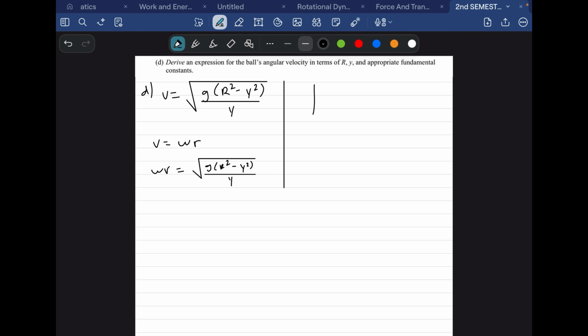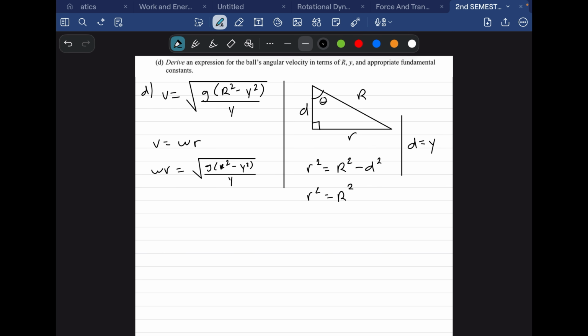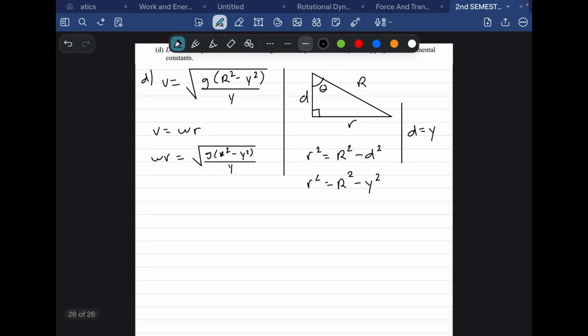And then we draw the diagram. Reference angle is right there. The lowercase r and then capital R. And then earlier in part C, we found that lowercase r squared is equal to capital R squared minus d squared. And then we know from diagram 2 that d is equal to y. So lowercase r squared is equal to capital R squared minus y squared, right? So let me square both sides, which gives me this equation.